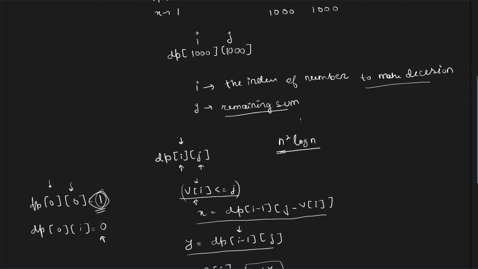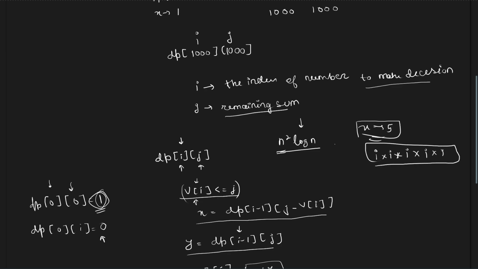Even if you don't use it, the value of x is only 5, so you can easily calculate the power in constant time, because you just have to write i raised to the power 5 like this. So it is almost a constant time operation, right? Otherwise you can also choose binary exponentiation, which takes log n time, so the total complexity is n square log n. This will be the time complexity.